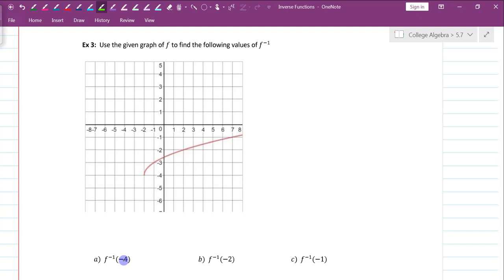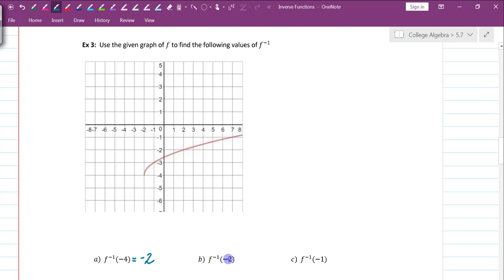Because we're working with the inverse, we're going to start here and come down to y equals -4. Normally that would be x, but we're dealing with the inverse, so we look at y. Now we back it out to find out what is x. And x, you can see, is -2. So for the inverse, the answer is -2.